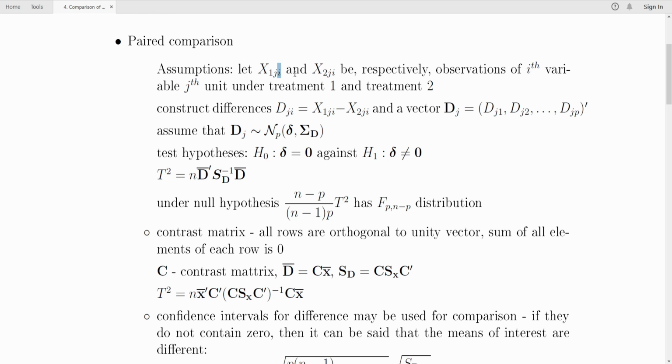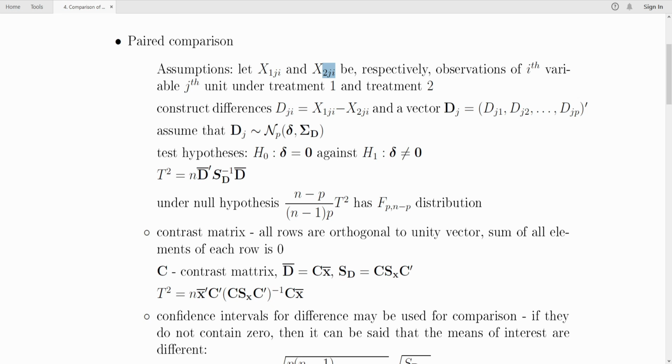So, for example, if we have 1, 1, 1, this is variable 1 under treatment 1. In that sense, we can now compute the differences. What we want is X_1j1 to compare with X_2j1.